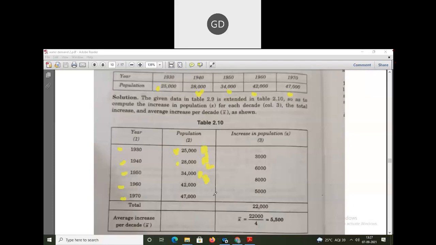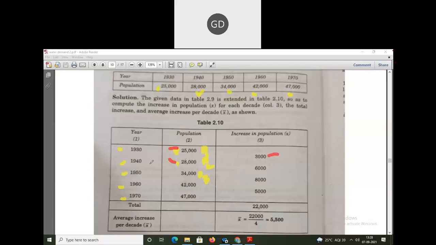You subtract the smaller population from the bigger, increasing population. Suppose you are finding for 1930 to 1940, you subtract P2 minus P1, that is 28,000 minus 25,000. Then you get 3,000.